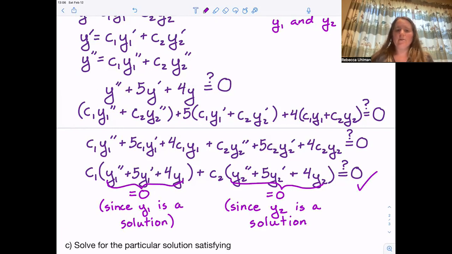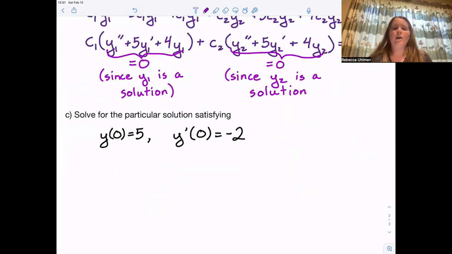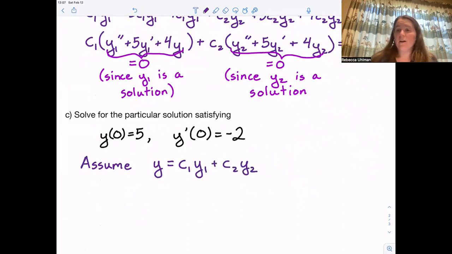So next thing we're going to do is solve for a particular solution, satisfying the initial conditions y of 0 equals 5 and y prime of 0 equals -2. So what we're going to do is assume that y is a linear combination of y1 and y2. We have not yet shown that it must be this, but we are going to operate under that assumption.